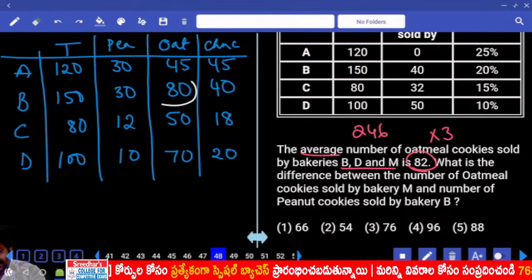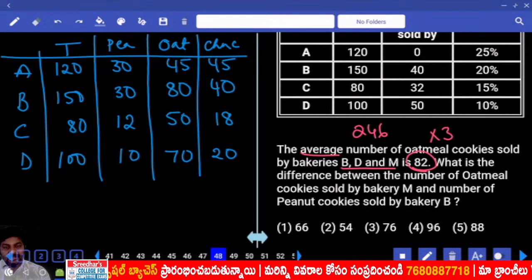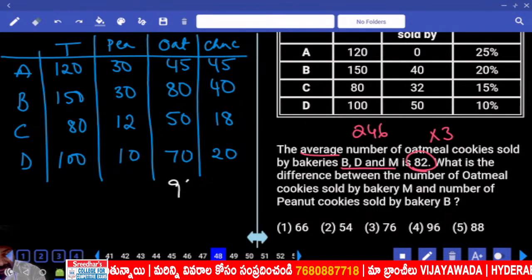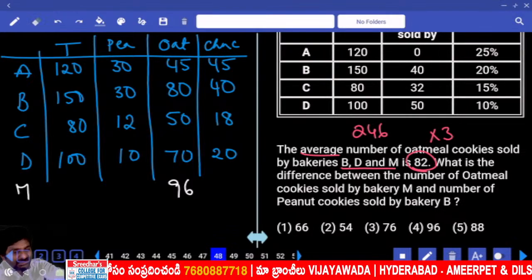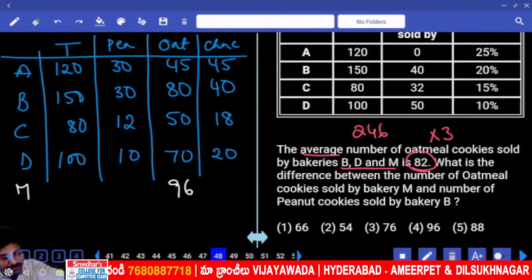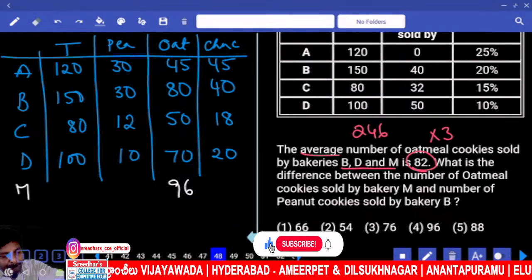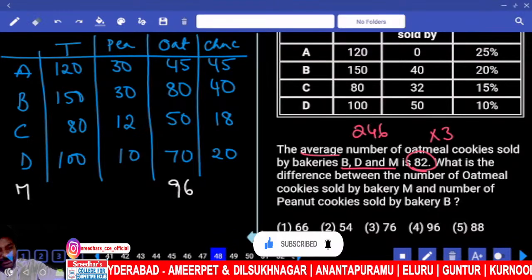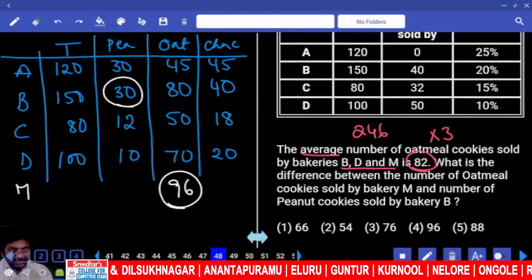Out of oatmeal in B and D, already we have 150. Remaining 96 are in M. What is the difference between the number of oatmeal cookies sold by bakery M, which is 96, and peanut cookies sold by bakery B? Peanut cookies sold by bakery B is 30. 96, 30 difference.